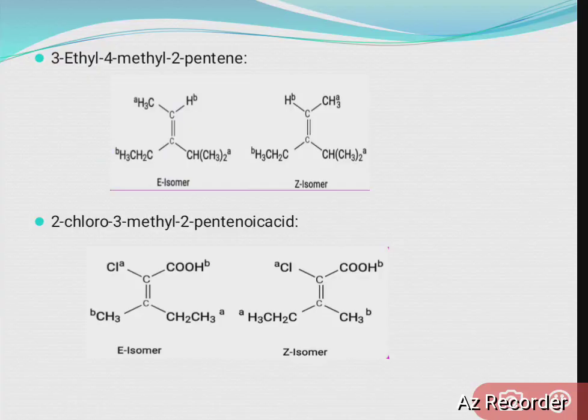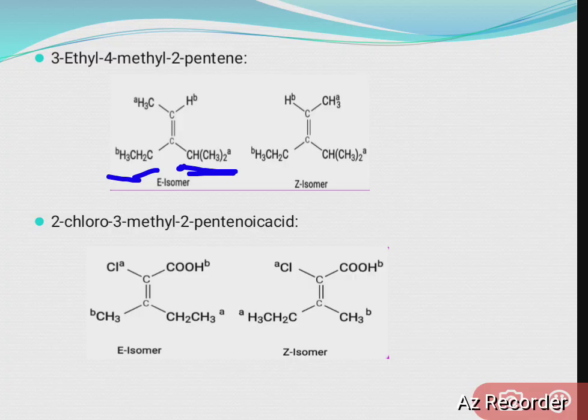See here, this is the carbon atom. To this carbon one more carbon is attached. But here, CH3 twice. To this carbon two other carbons are attached. For this carbon, one carbon attached. For this carbon, two other carbons are attached.